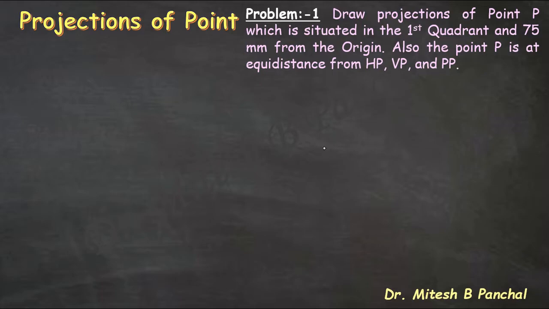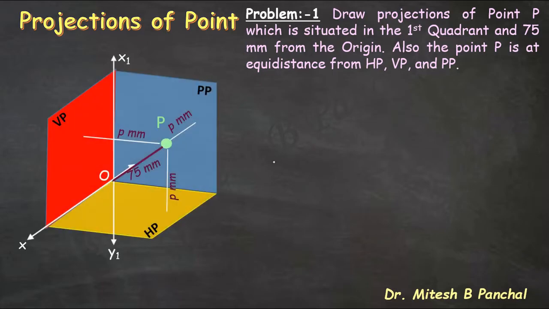If you consider this problem, then problem is demonstrated like this. Point P is there which is 75 mm from the origin O. That is nothing but the intersection of XY and X1 Y1 line. And point P is equidistance from HP, VP and profile plane.